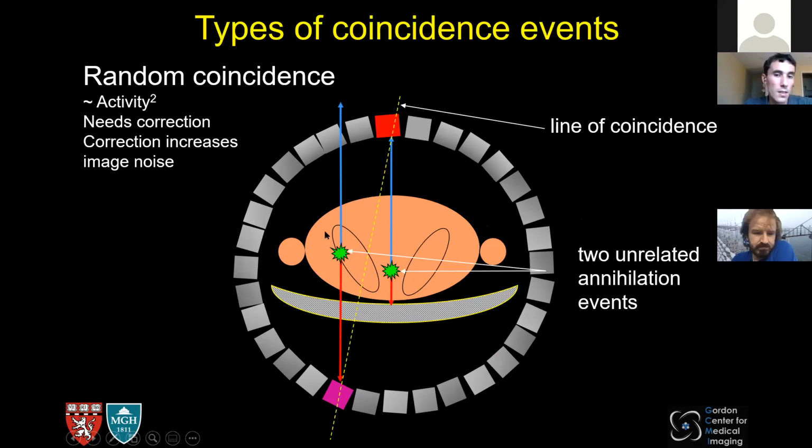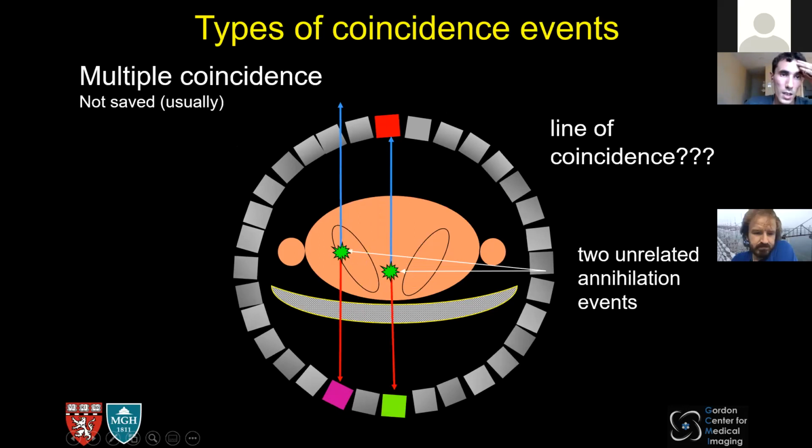And in the other case, you have a photon that goes through both crystals and the other one that is activating this detector. So the line of coincidence is going to connect those two detectors, and that, of course, has nothing to do with the annihilation events. We need, again, to correct for randoms. A very important correction that we have to do in PET is to correct for random coincidences.